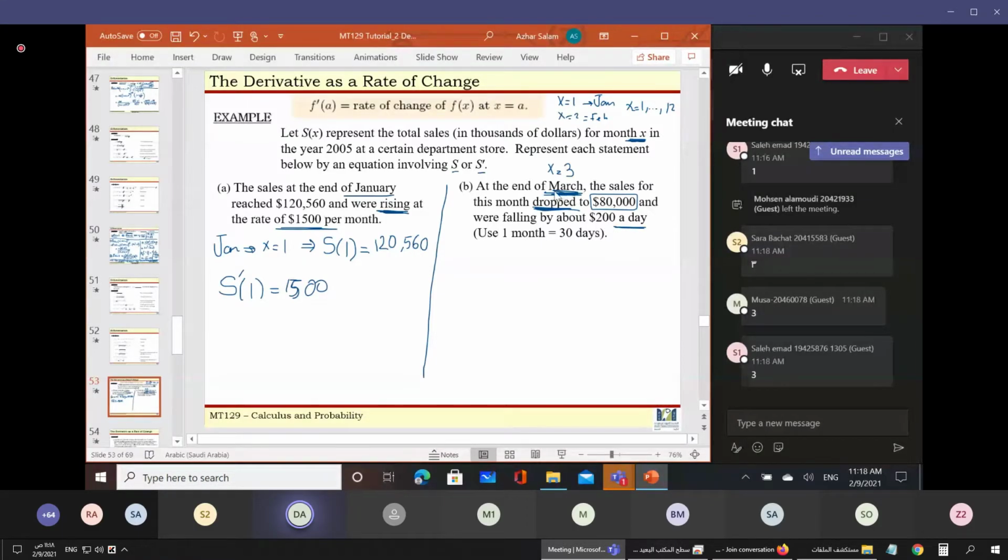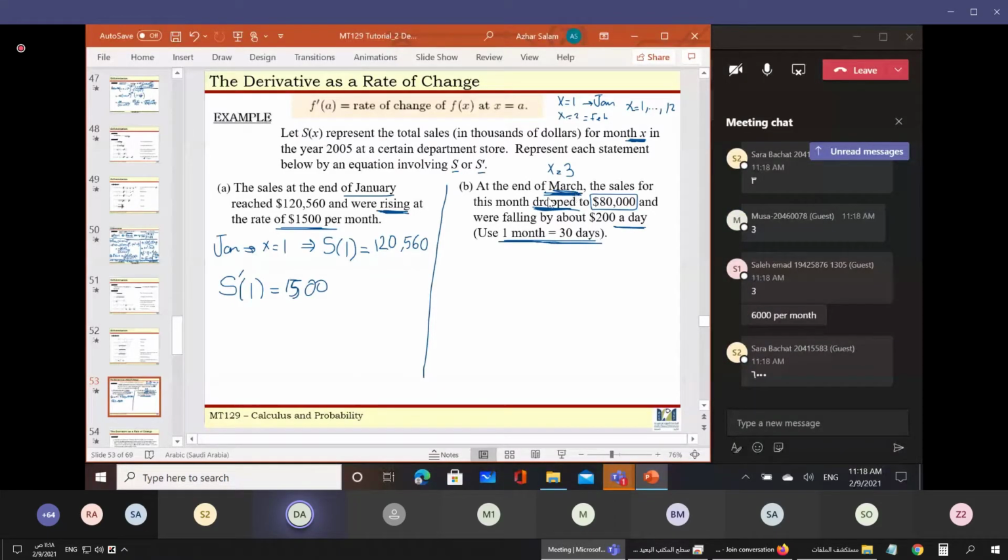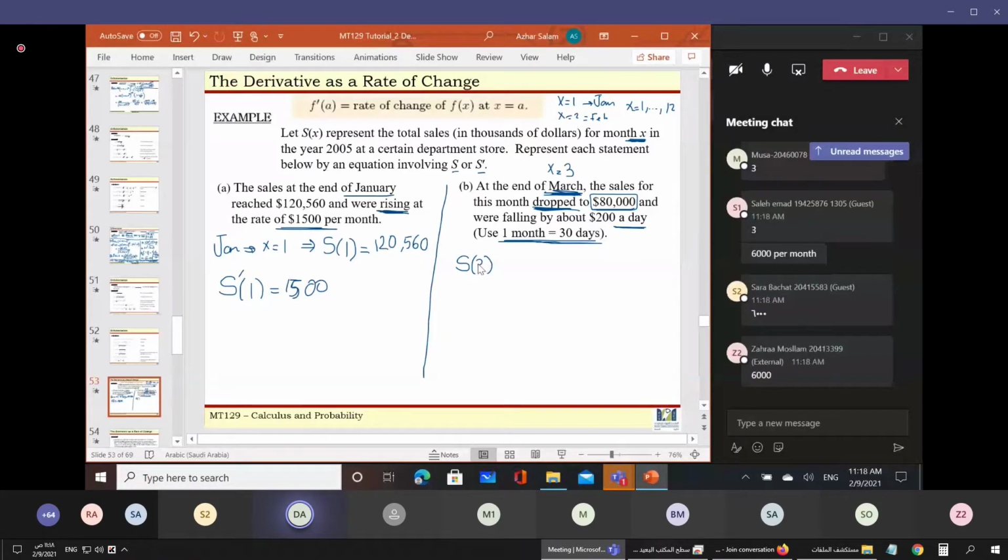So if I want to take all the month, I will multiply by 30 for the whole month March. Okay, first I will just express the value of the sales function. The sales of March is 80,000. Okay, this is the amount of sales.